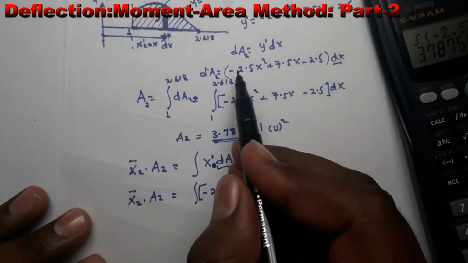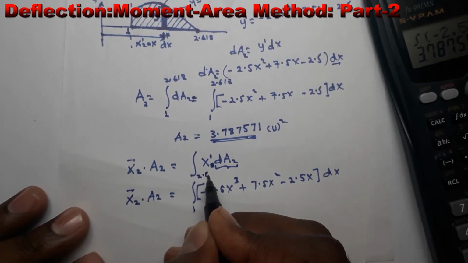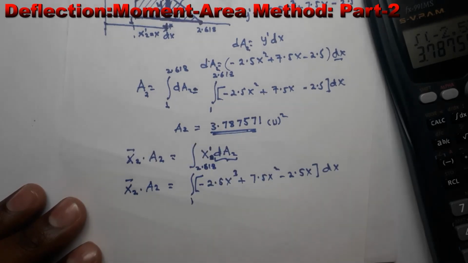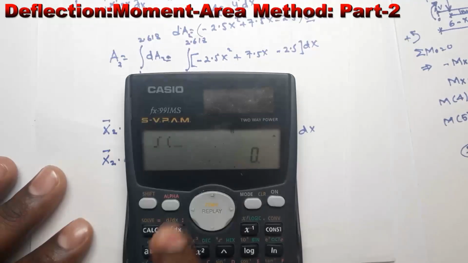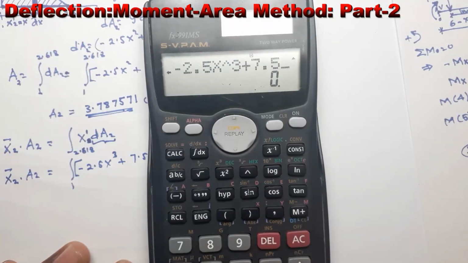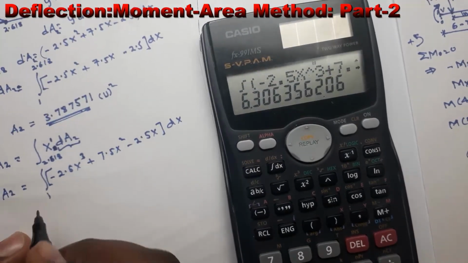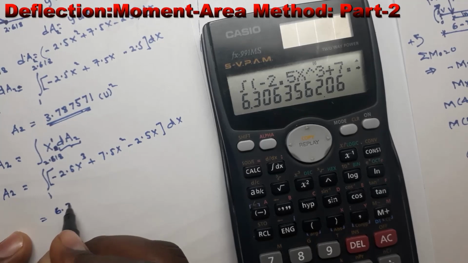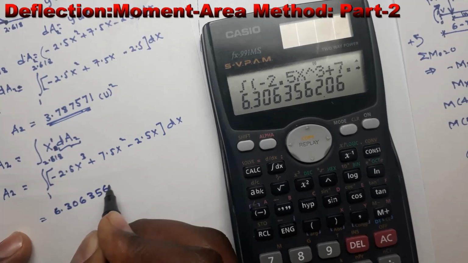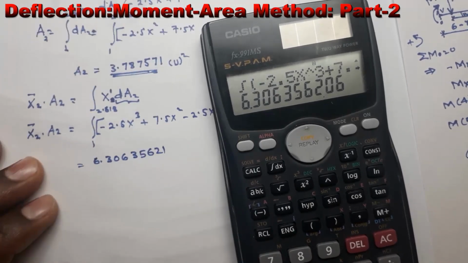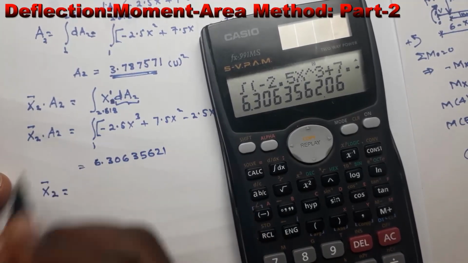This will be integrated from 1 up to 2.618. Now if I do this with my calculator, this is 6.30635621, almost like this. So now x bar 2 equals this divided by area 2, where area 2 is already given here.